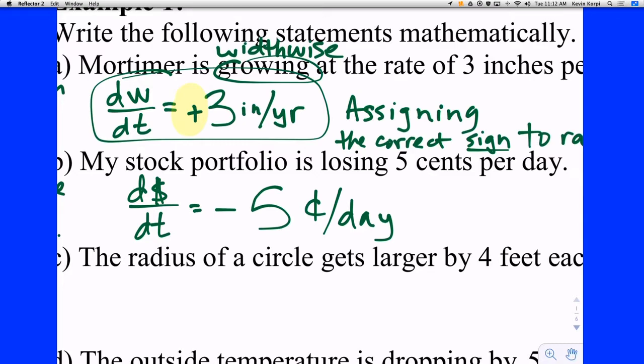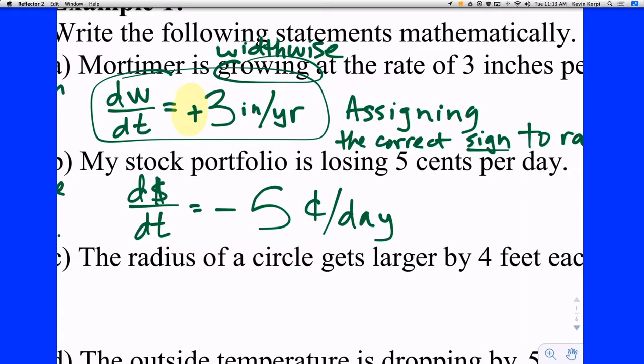Now it's kind of weird because I put the d$/dt, but my units are in cents. Is that okay? Yeah, because I defined the dollar sign to be the value, not necessarily in dollars. It's the value in cents, not dollars. Okay, cool. So when you're going from the English sentence to the mathematical sentence, it's super important that you get the sign, S-I-G-N, of the rate, whether it's plus or minus.